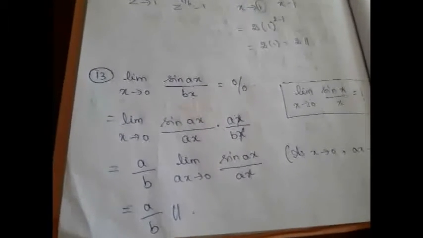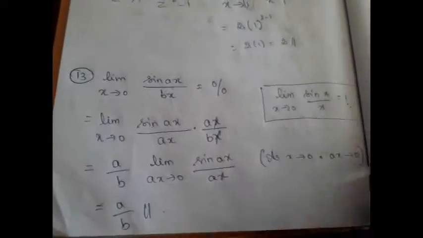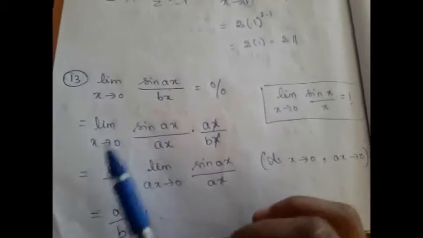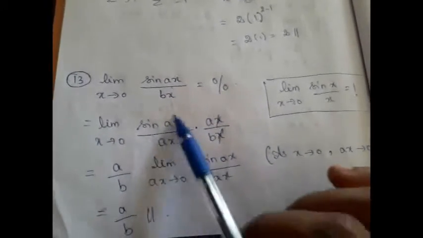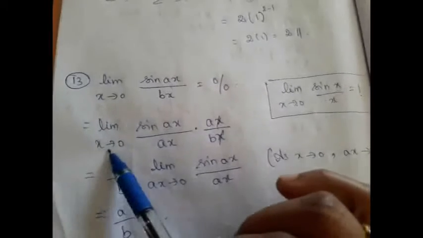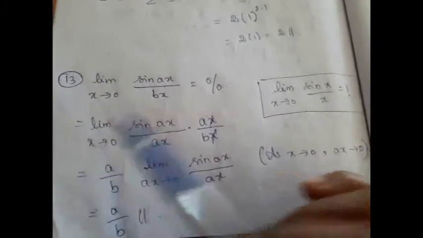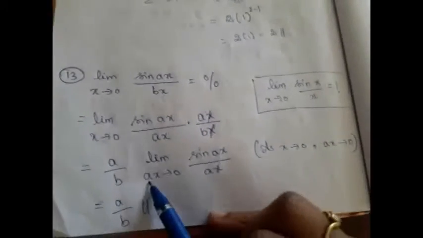Hope you understood. While solving problems of this kind, you have to be careful. You have to give your justification. You should not simply write limit x tends to 0 sin ax by ax is equal to 1, because you should not concentrate only on these two values. You should concentrate on the limits as well. You should give your justification and change the limit.